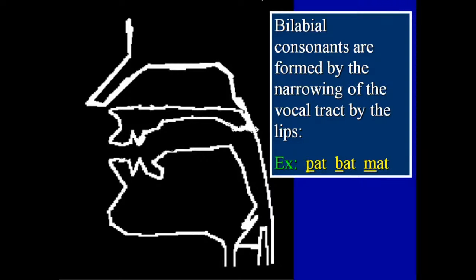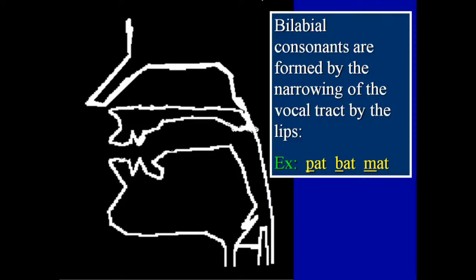So we can talk now about different classes of sounds according to how they are being produced or articulated, taking into account the 3 criteria just mentioned, place, manner, and voice. So first of all, let's begin by different places of articulation. We can talk about the first one, bilabial consonants. They are formed by the narrowing of the vocal tract by the lips.